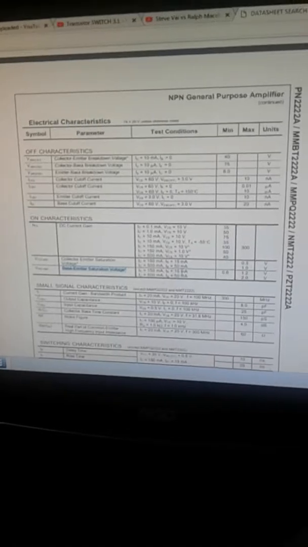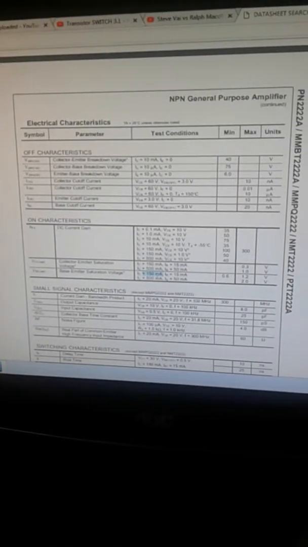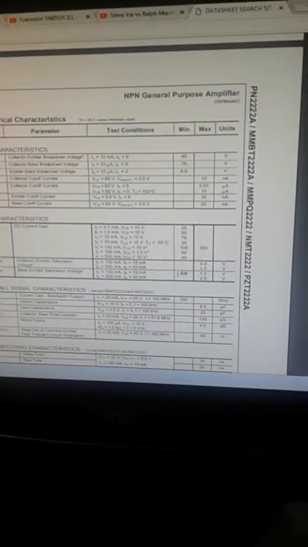Kirchhoff's voltage loop here computes the voltage: voltage supply minus voltage drop of base resistor, minus voltage drop of base emitter saturation. We have here a base emitter saturation voltage at 150 milliamps in the range of 0.6 volts.